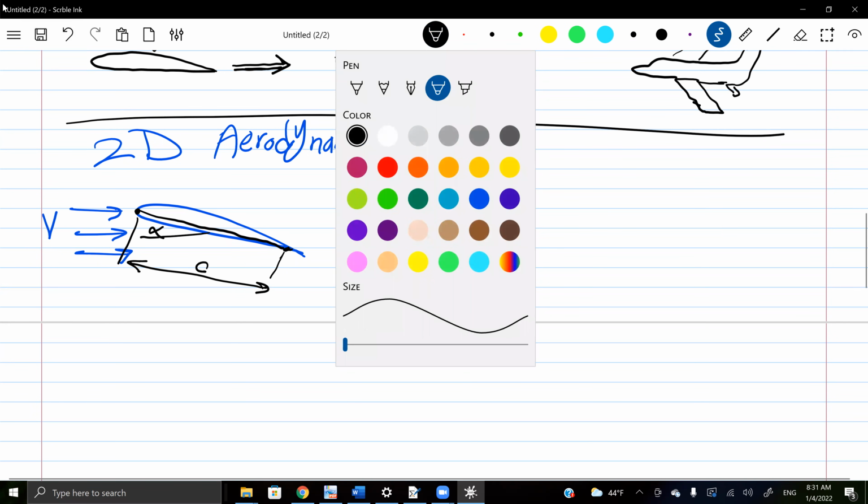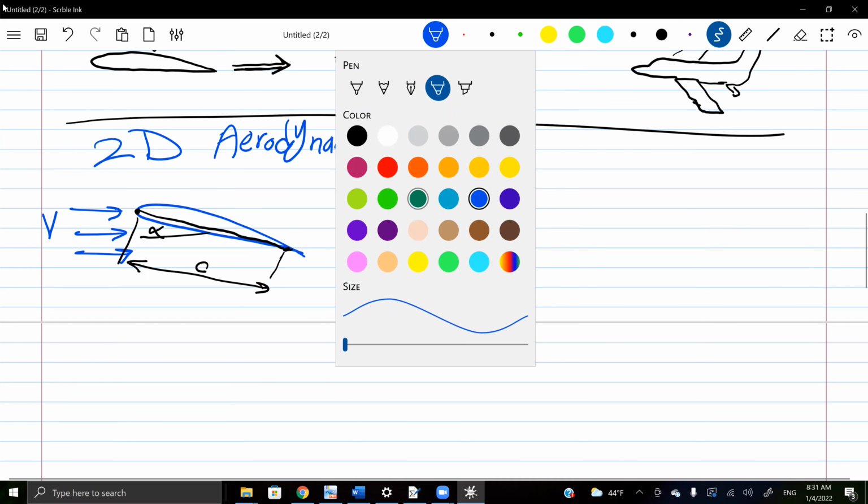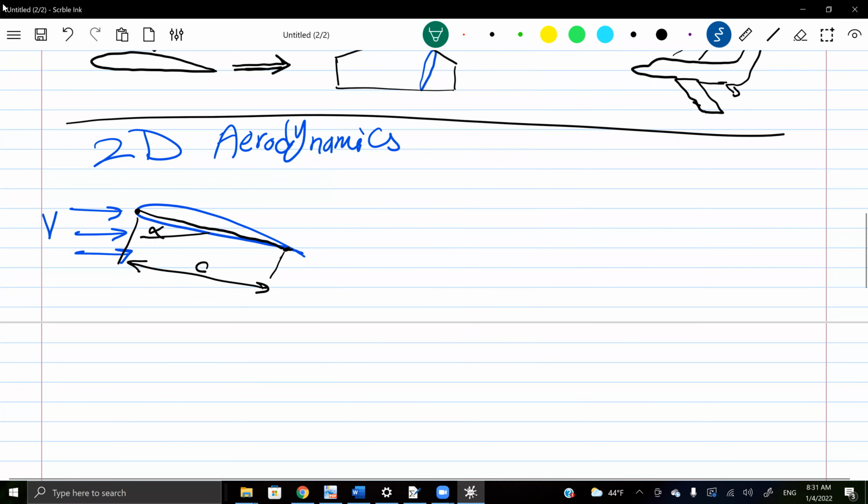Like I said, I'm given the geometry, I'm given the velocity, I'm given alpha, and I'm required to determine the aerodynamic loads. Any shape like an airfoil, when it moves through the air, experiences some lift and some opposing drag. In 2 dimensions, I just call them little l and little d.